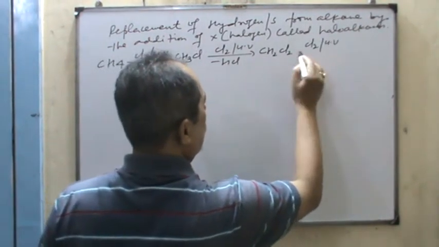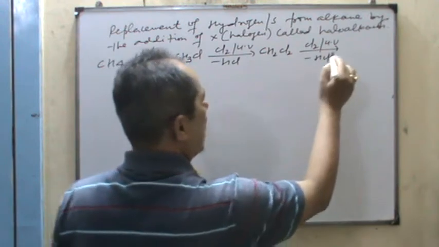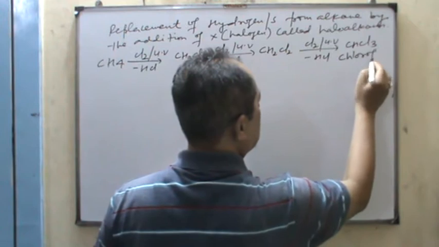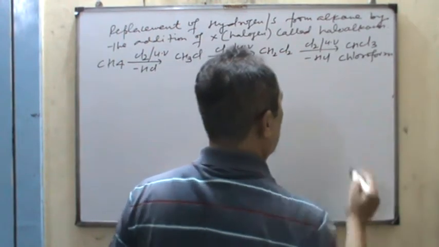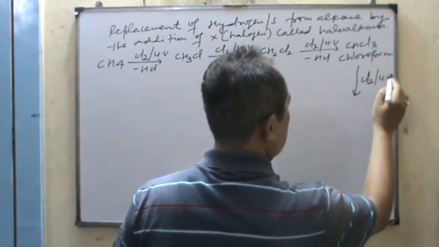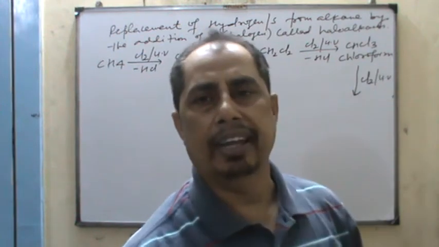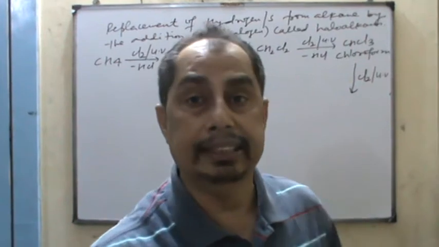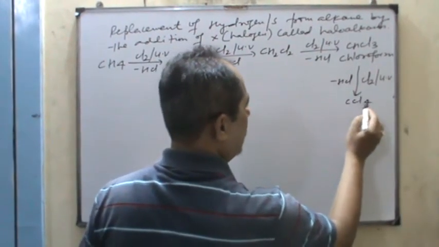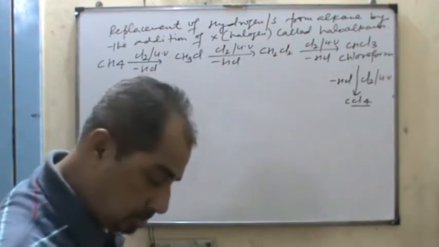Further chlorination, trichloromethane, or this is known as chloroform. And finally further chlorination in presence of ultraviolet rays or sunlight or heat, we get HCl, CCl4, tetrachloromethane.